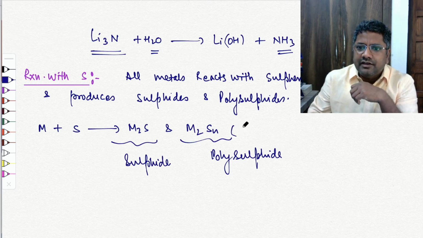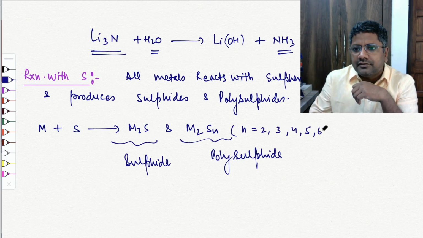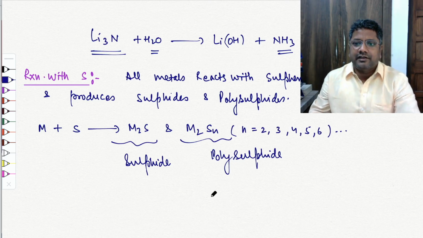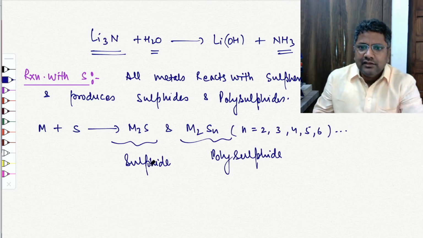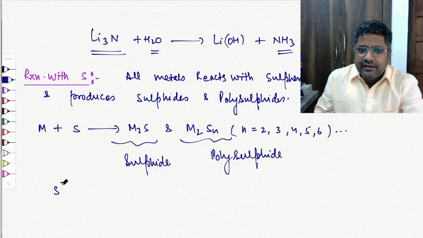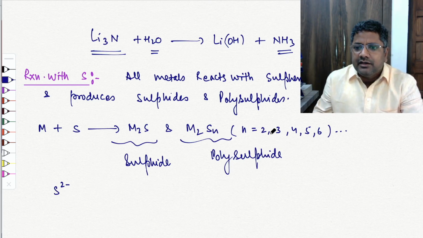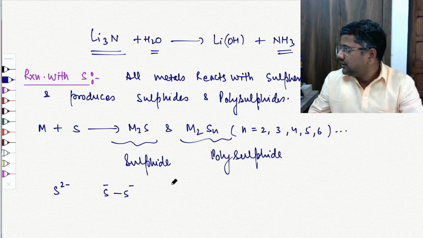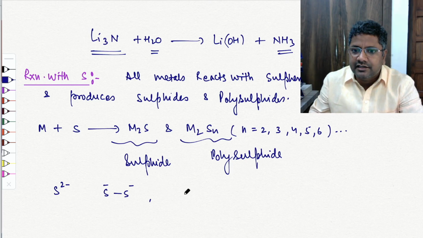And what is the value of n here? n is here 2, 3, 4, 5, 6, etc. Right? So see, sulfide is this. If this is 2, then this is S2 minus minus. And if it is S3, then S3 like this.